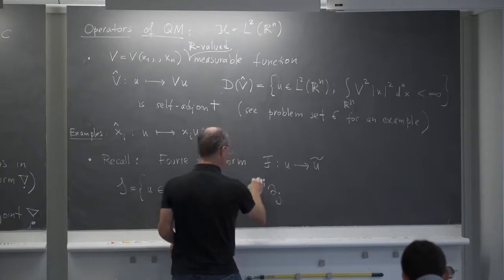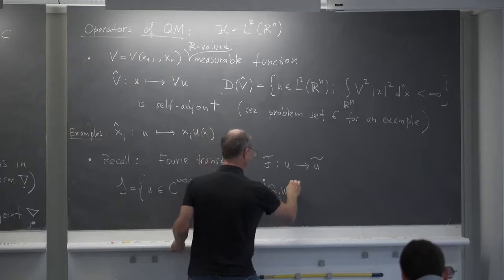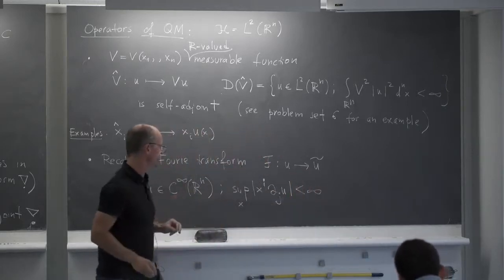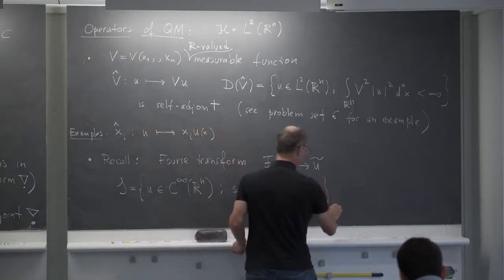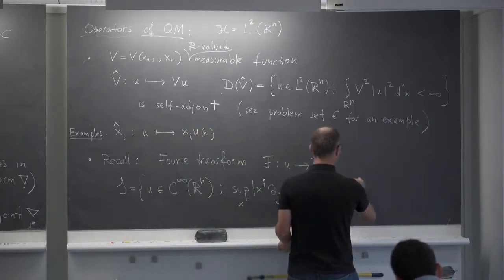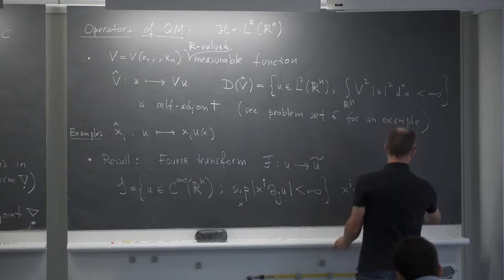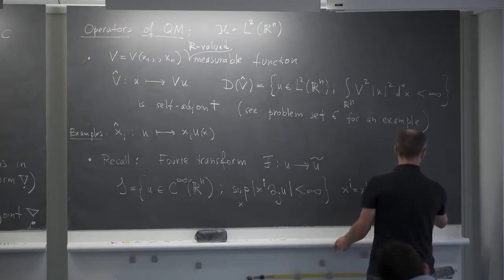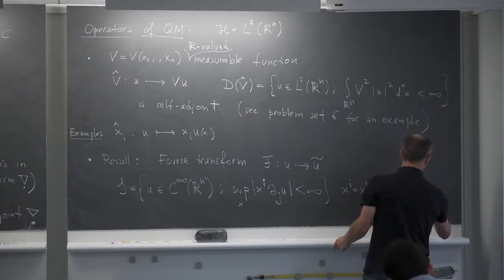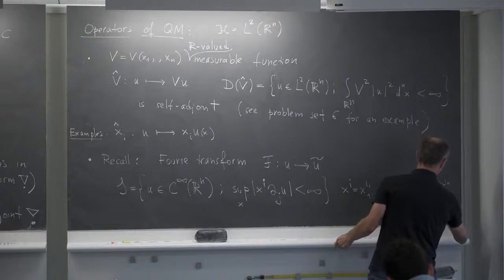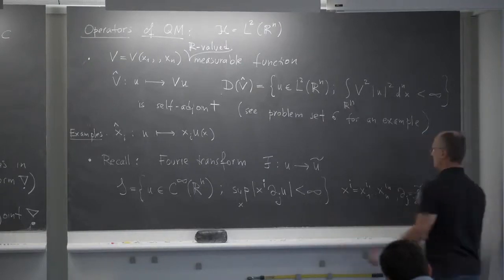I'll now introduce those notations. So the suprema of all such expressions are finite, and here x to the power I means x1 to the I1, through xn to the In, and dj means d over dx1 to the j1, and so on, up to d over dxn to the jn.